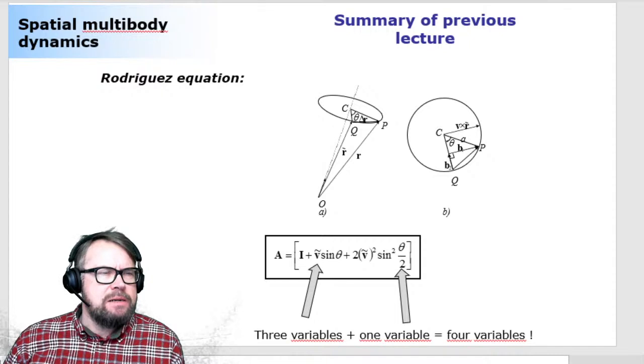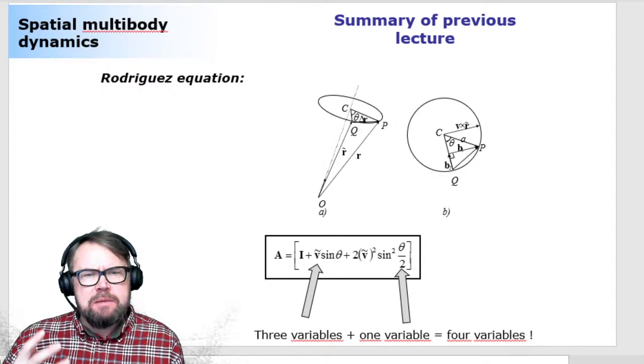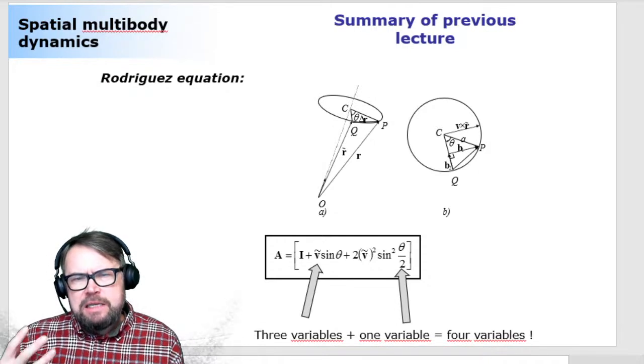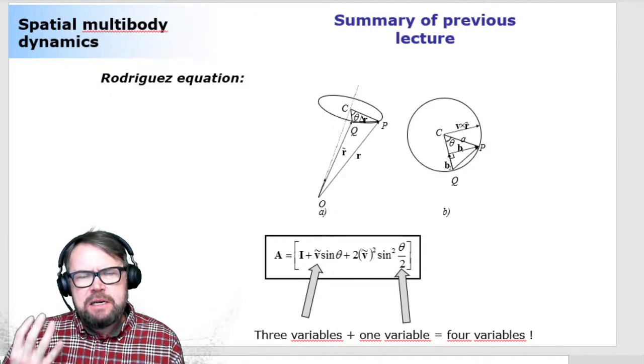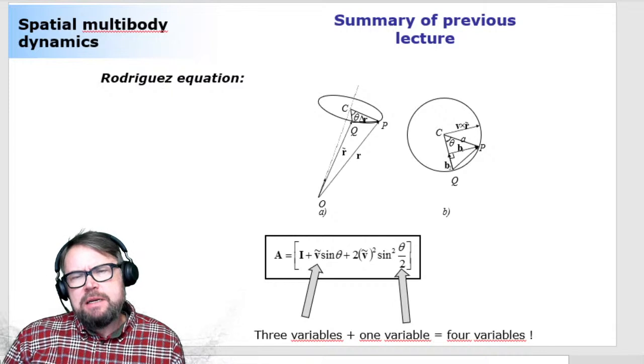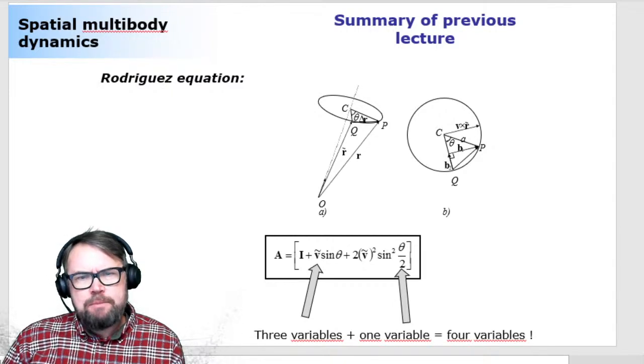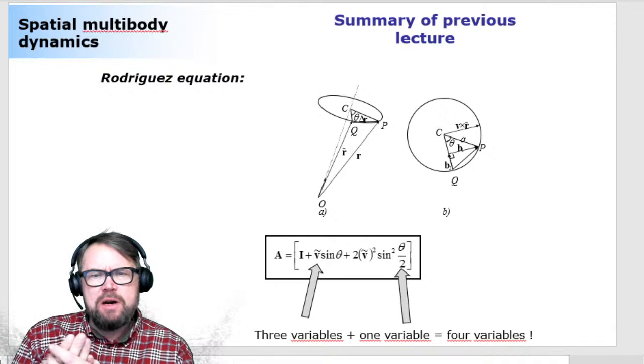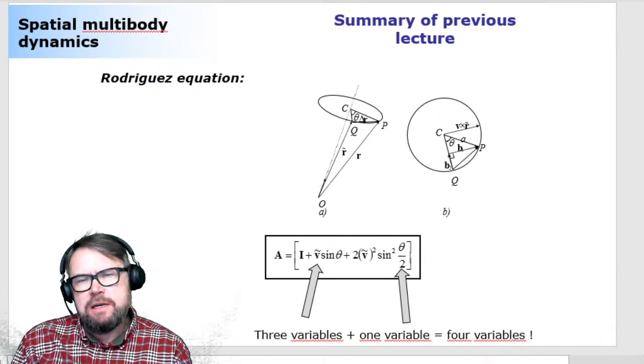And remember, again, the important thing about four parameters is the fact that these four parameters are not completely independent, but are coupled one way or another. And they're coupled in a way that there's one constraint equation that limits how these four parameters can change their numerical values.